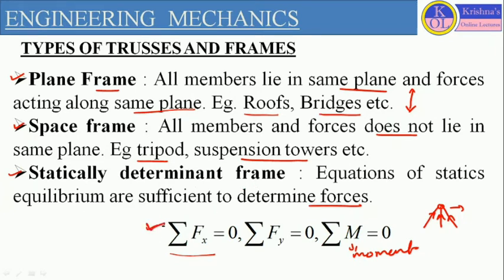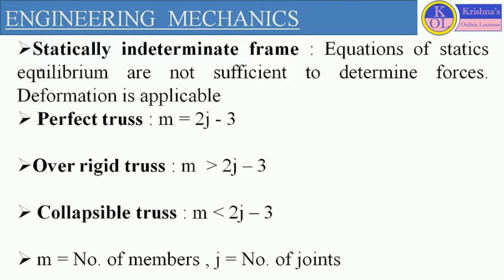If these three equations are sufficient to determine the applicable forces, that particular frame is called a statically determinate frame. Now the next type is the statically indeterminate frame. It is just opposite to the statically determinate frame.